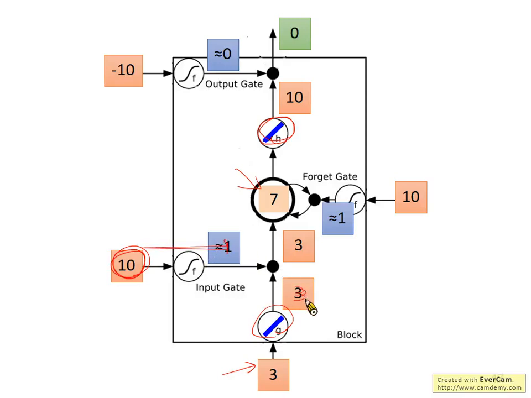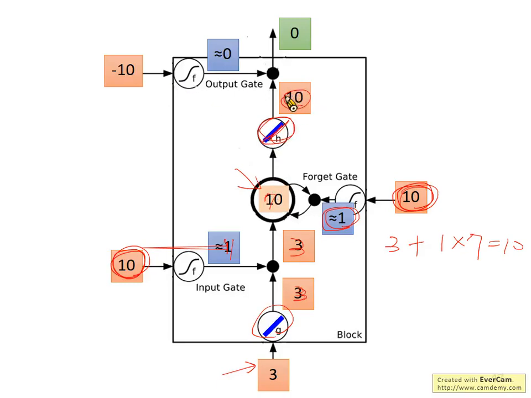Then we multiply 3 by 1 and get 3. From the cell, originally we have the value 7, and assume the control signal of the forget gate is 10. Then the output of this activation function is close to 1, and we do 3 plus 1 multiplied by 7 to get 10. So the new memory information is 10.